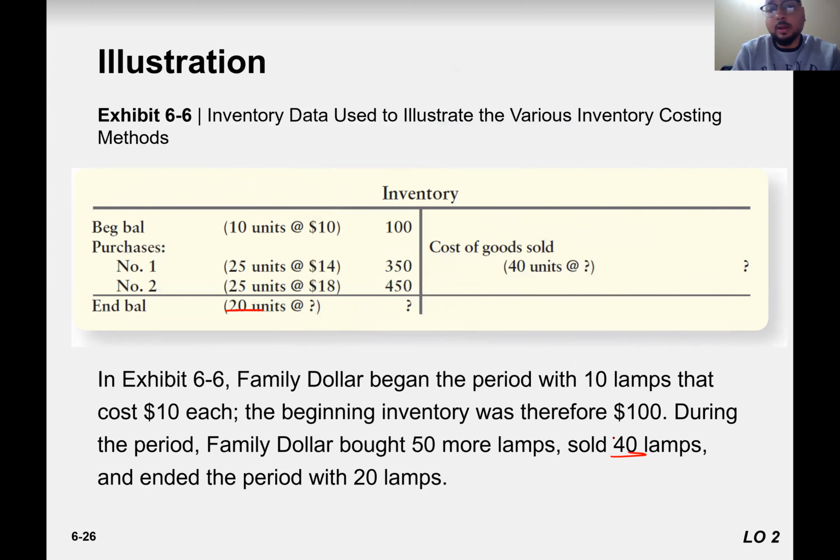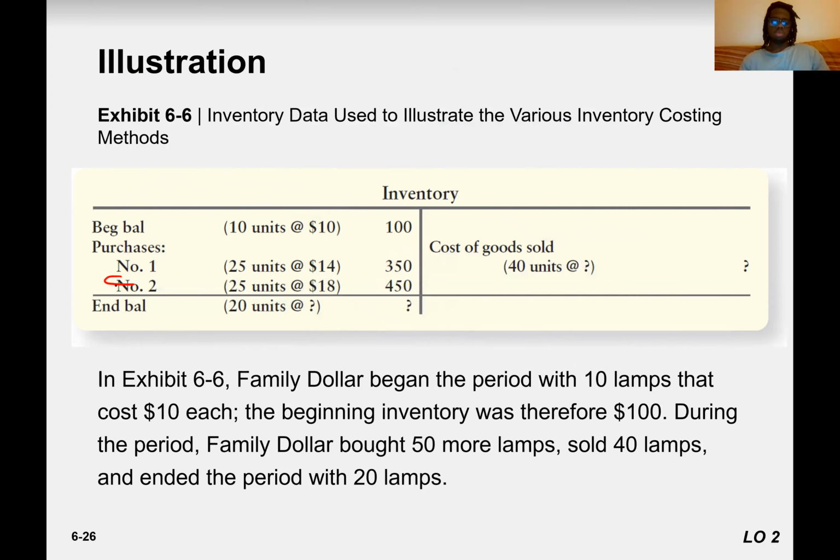Which lamps did they sell? From the 10, 25, and 5 from the last purchase order number 2, or from both order number 1 and order number 2? We don't know. That's why we need methods, right?